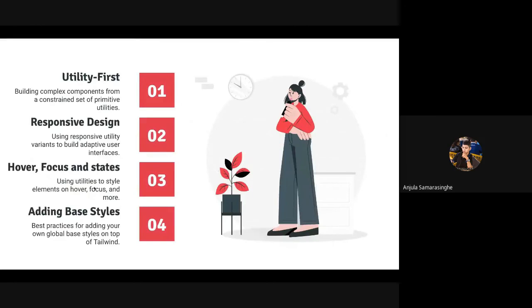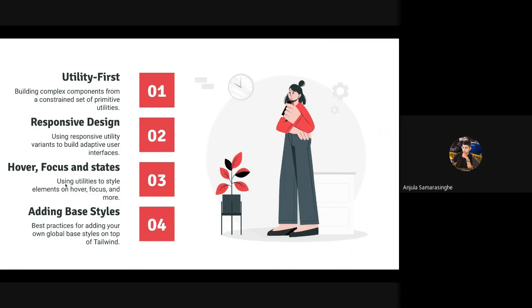Yeah, in Tailwind CSS, there are main concepts we have to learn. We already went through them. Utility first means that we have to use these classes, and for responsive design, you have to use prefixes like md, lg, things like that to make the components responsive.